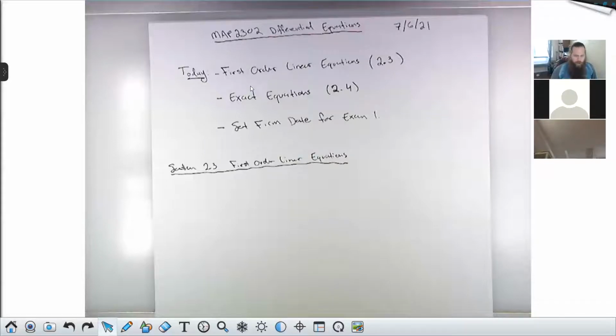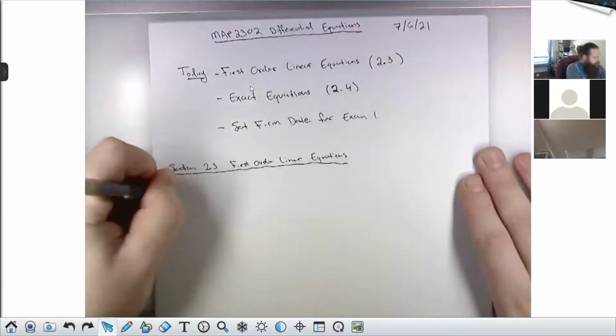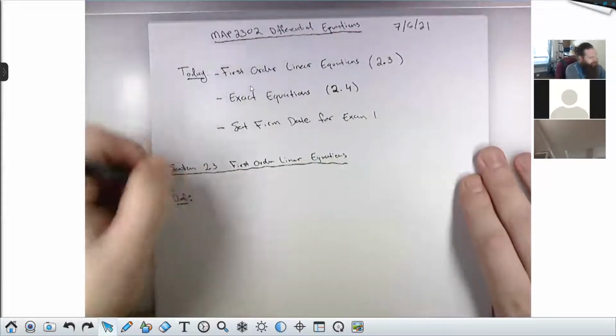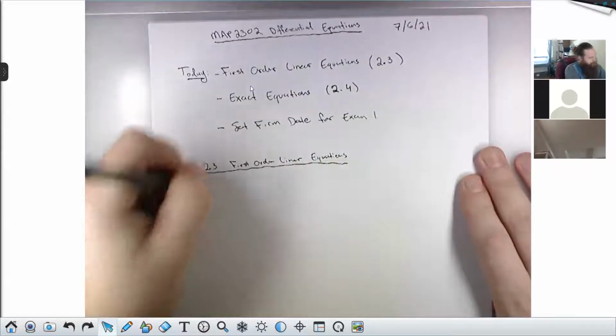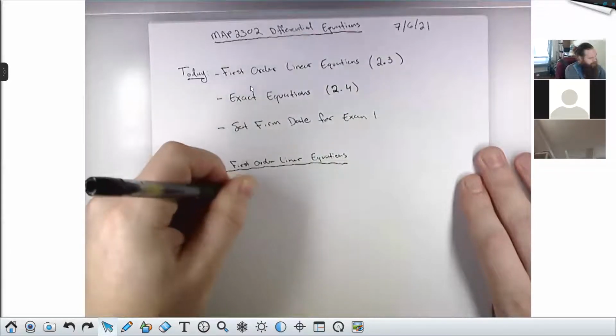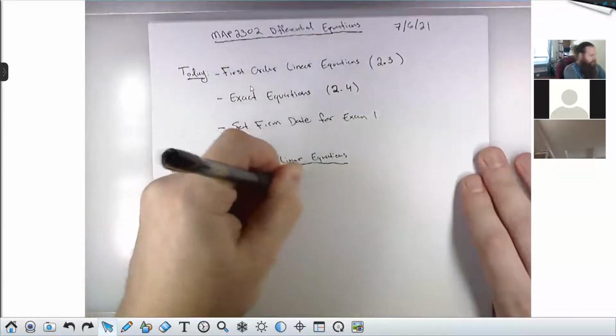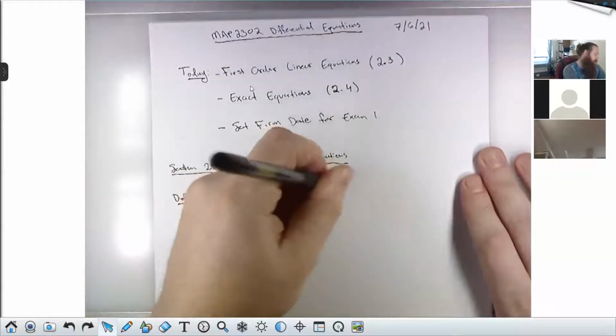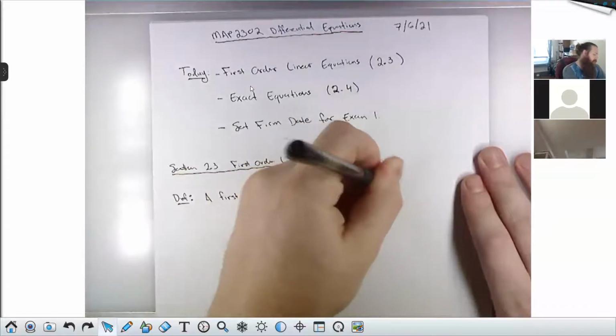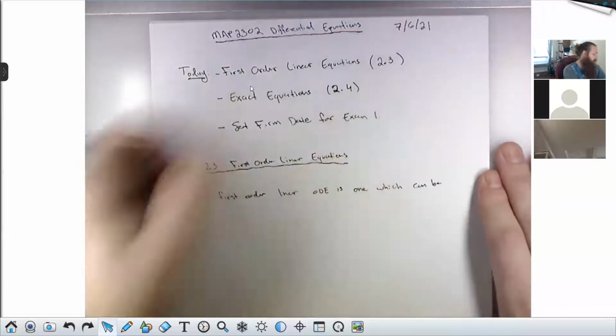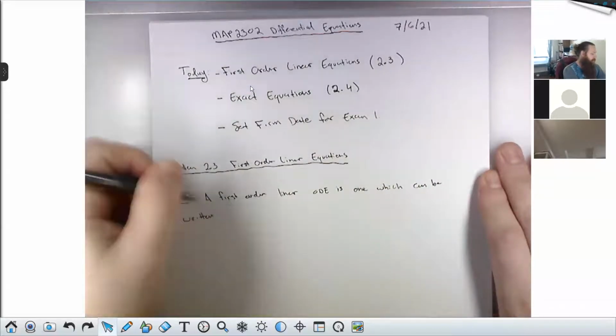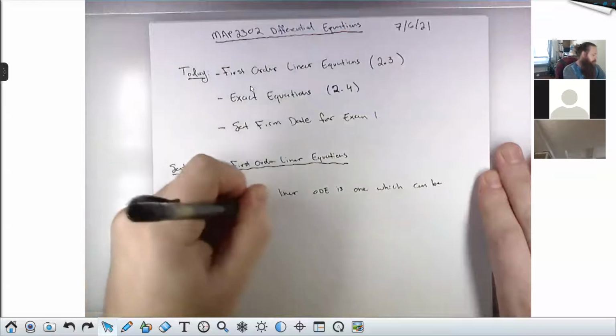I've mentioned why we call linear equations linear. Actually, it's not super important here, is it? Maybe I'll save that till when I talk about general linear equations. Let me just go ahead and remind you of the definition. A first order linear ODE is one which can be written in what's called standard form.